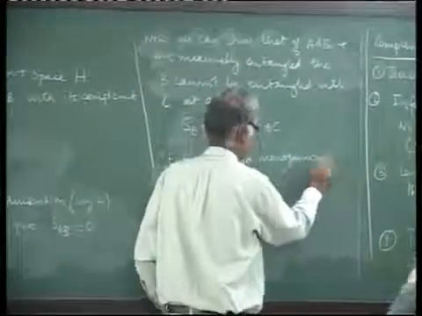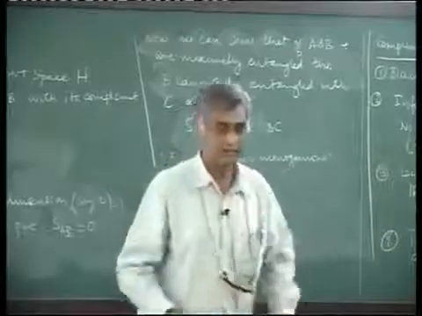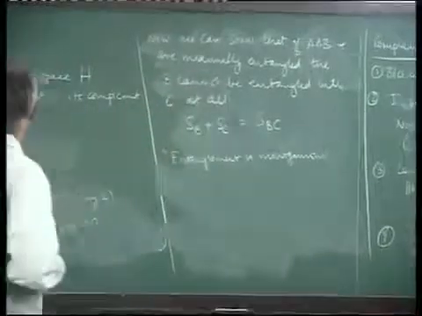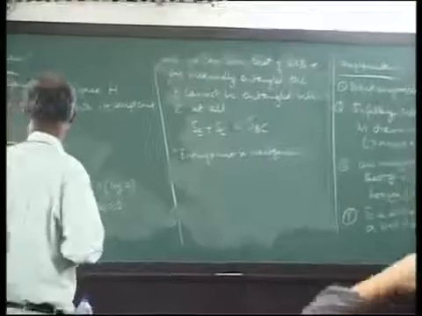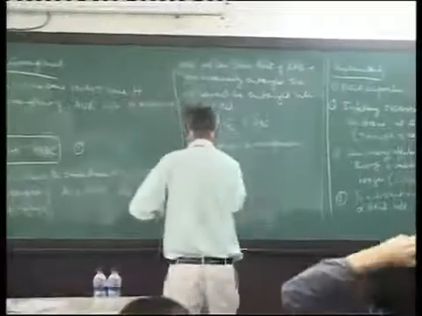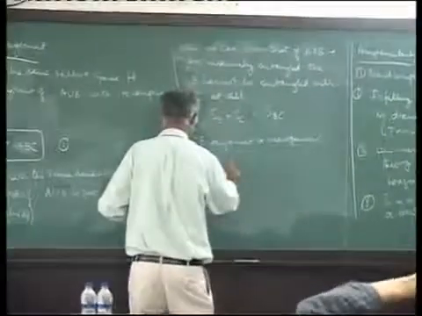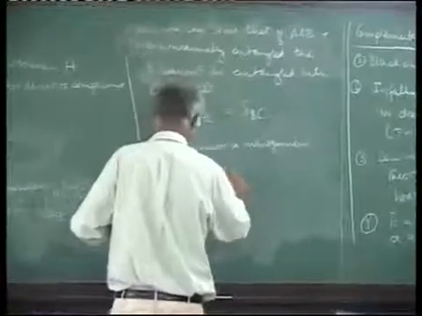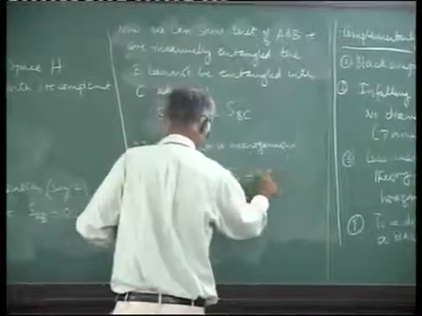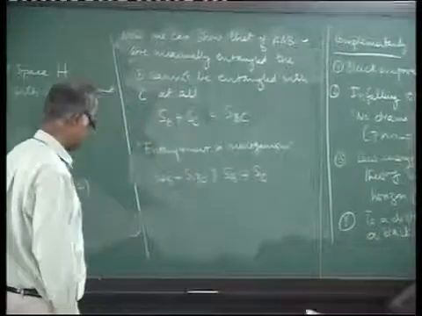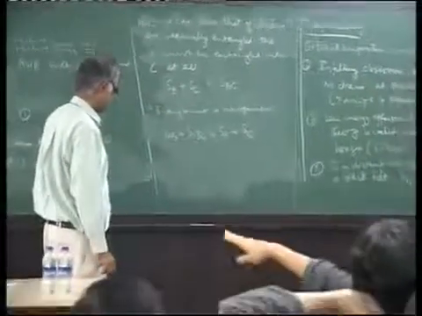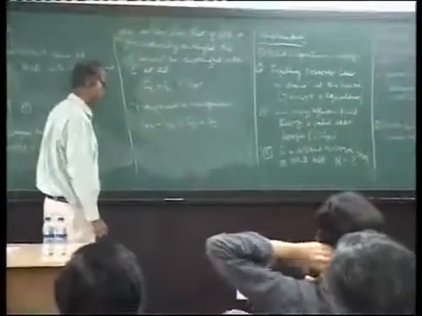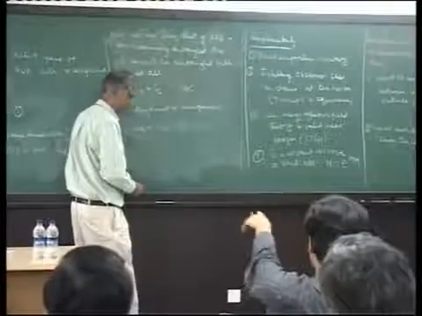I just want to say this. Another version of strong subadditivity that makes this entirely clear: SAB plus SBC is greater than or equal to SB plus SB. So that makes it completely clear that if SAB is 0, then SBC has to be SB, because you don't have to worry about ABC on the right hand side.